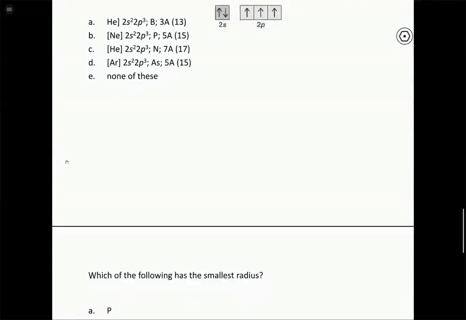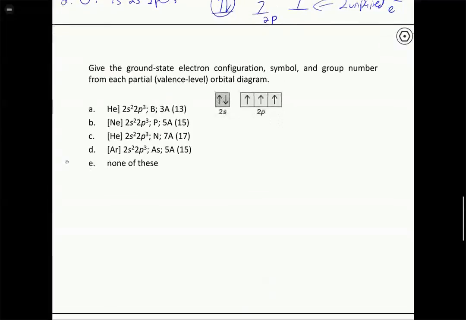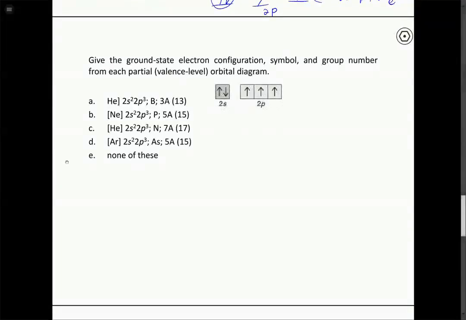Alright, another related question about electron configurations. We gave you here, in this case, the partial valence orbital diagram for the 2s and 2p, and you had to identify the element as well as its group number. So we asked you for the configuration, the identity of the atom, and the group number.